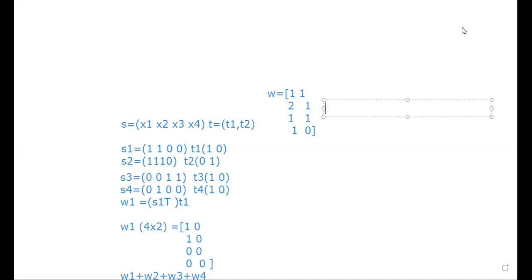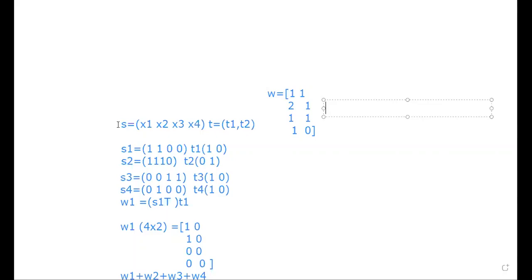So a simple weight matrix I have shown you. Okay, you are given with the input row vector S, and the T vector is also given. S has four variables x1, x2, x3, x4. T has two variables t1, t2.